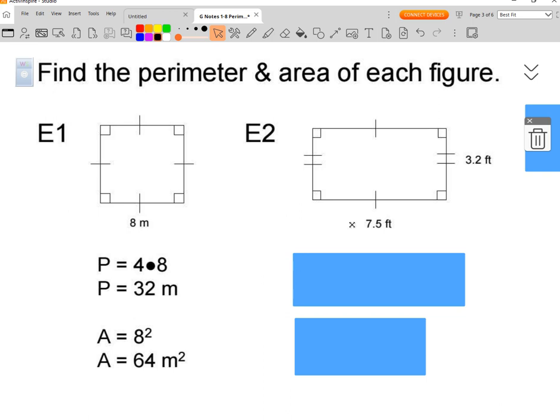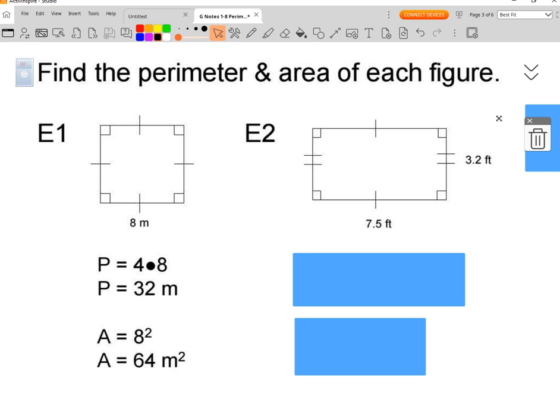The perimeter of a rectangle. This one, we know this is a rectangle. The congruent marks remind us that this side is congruent to this side. So if they only give you this side length and this side length, you still have to know that you have to add all 4 sides.